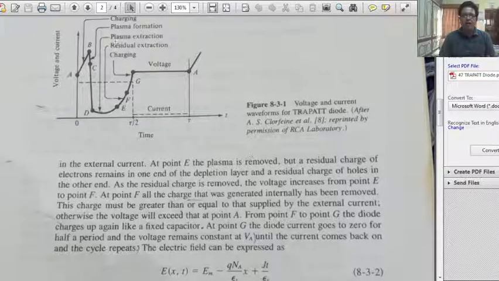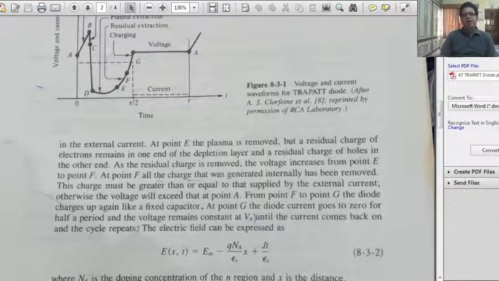This is known as residual extraction, which happens from E to F. As the residual charge is removed, the voltage increases from point E to F. Finally at point F, all the charge generated internally has been removed.